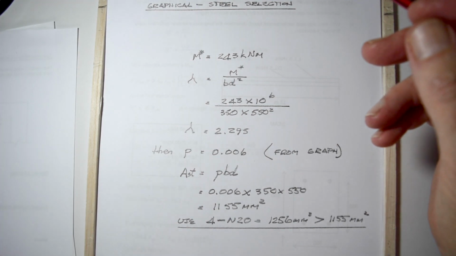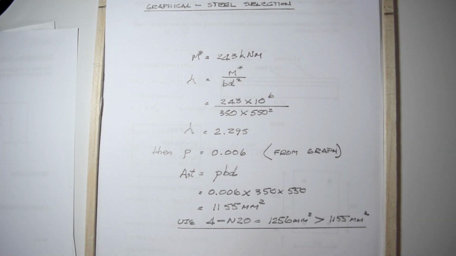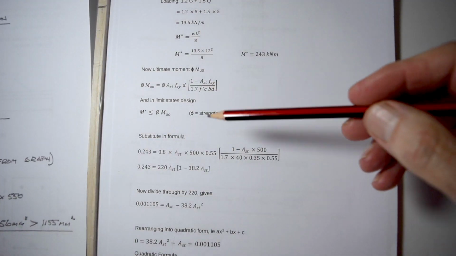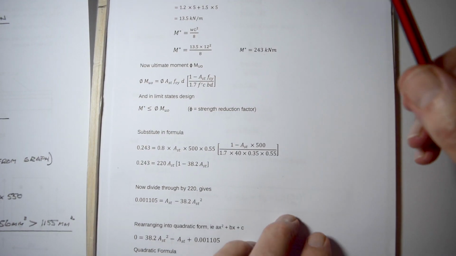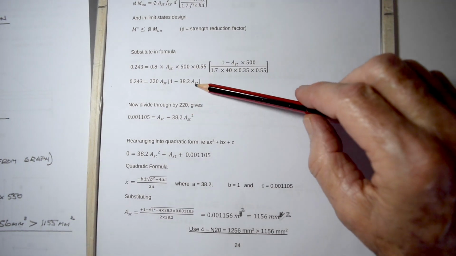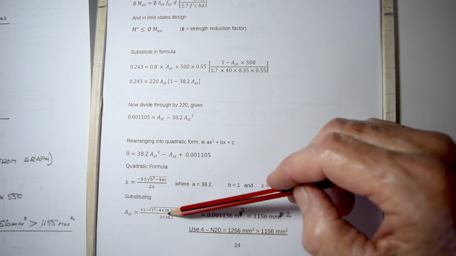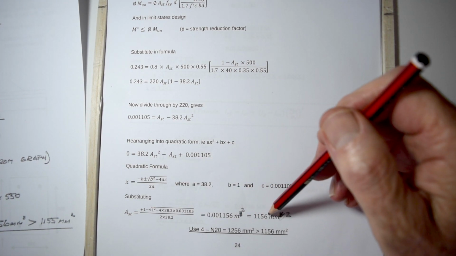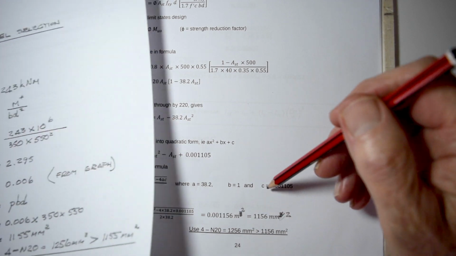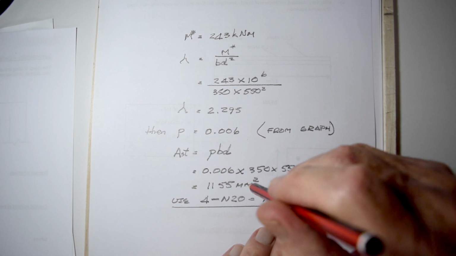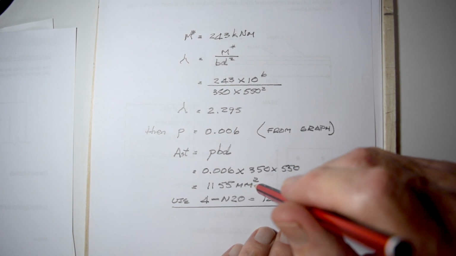And what I want to just reinforce here is that this is going through the code, working it out exactly, working out the area of steel exactly, doing quite a bit of mathematics, and we came up with 1156 square millimeters of steel. And I got 1155 using the graph, 1 square millimeter of steel difference.